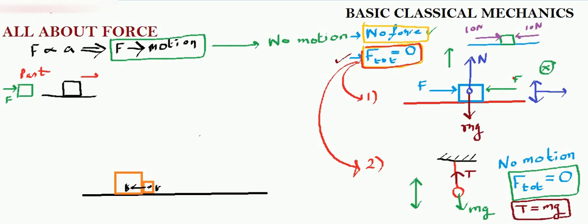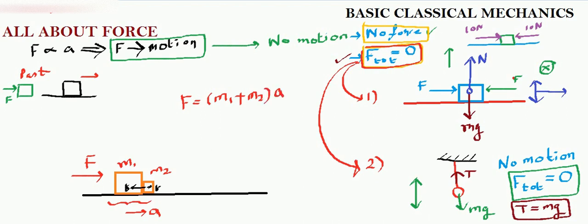And then you draw the free body diagram that on this block there is a big force F acting, and this force is making this entire system of two blocks move with an acceleration a, and the mass of the first block is m1 and the mass of the second block is m2. You say that the force has created an acceleration in this system. So the system is made with the mass m1 and m2, and you are bound to write this equation.